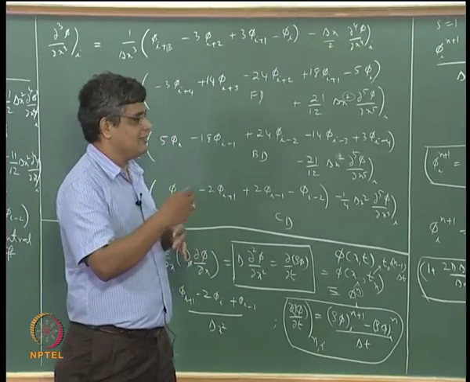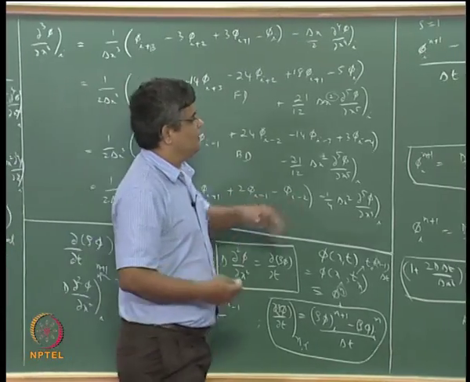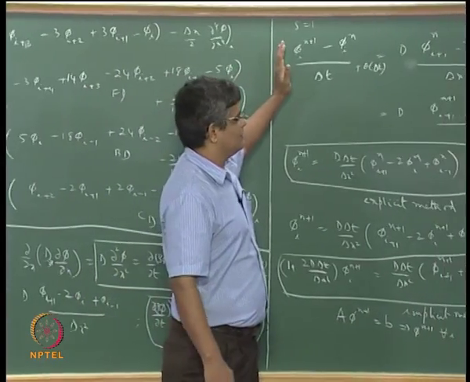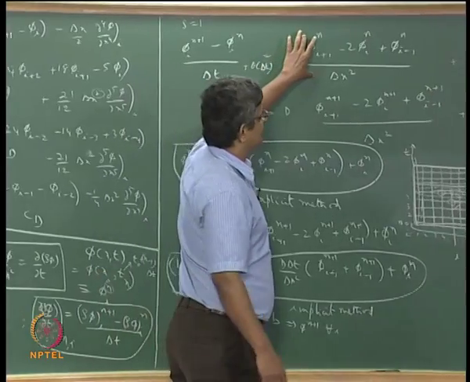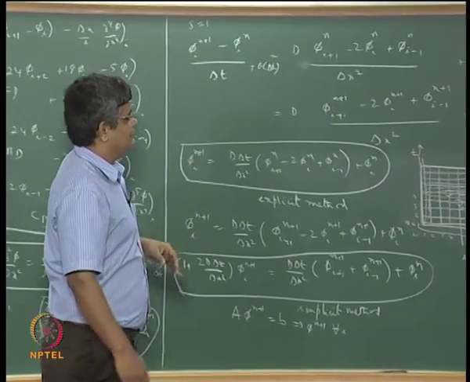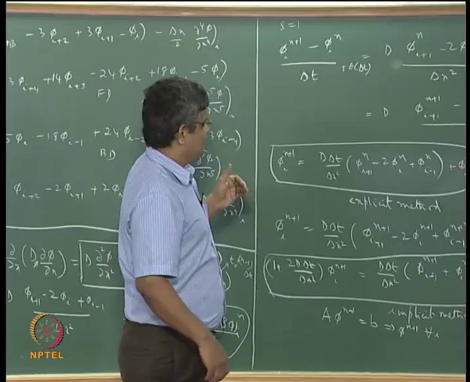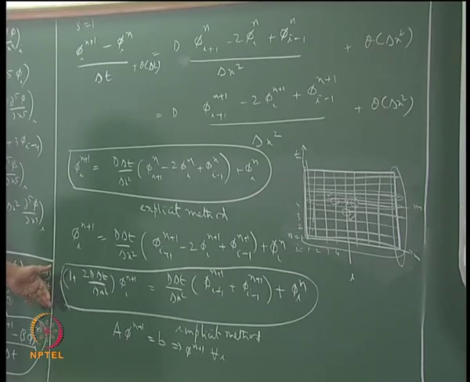So the imbalance between one derivative evaluated at n plus 1 and another evaluated at n will not appear, and an implicit method can tolerate even large time steps without the solution becoming unstable.